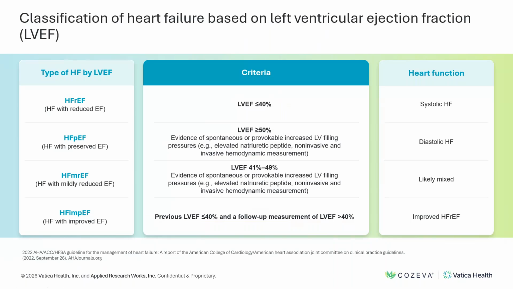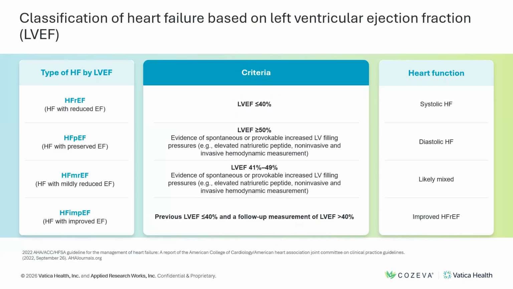So just to summarize that, the newer classification of heart failure is based on left ventricular ejection fraction, or LVEF. Using this LVEF better identifies patients who benefit from guideline-directed medical therapy, and it aligns with current heart failure guidelines. With systolic heart failure, the left ventricle has reduced contractility, resulting in a reduced ejection fraction.